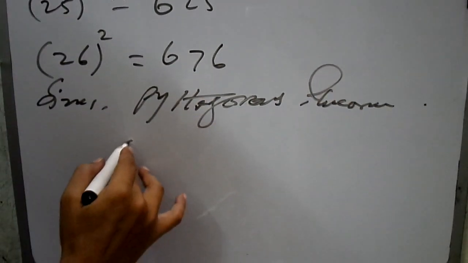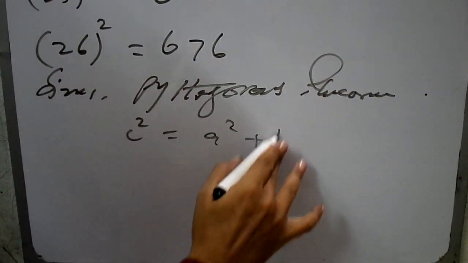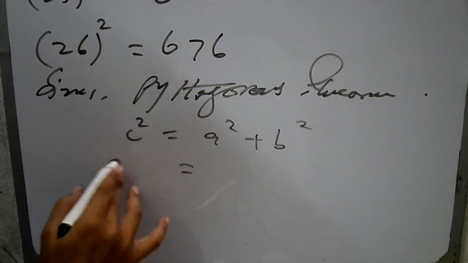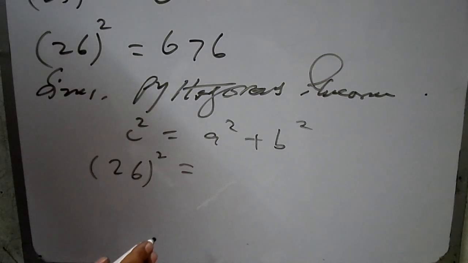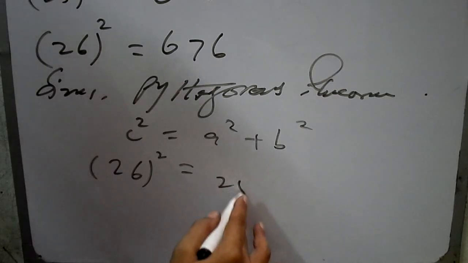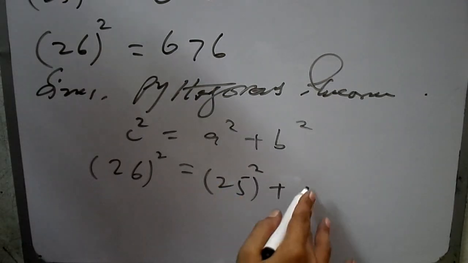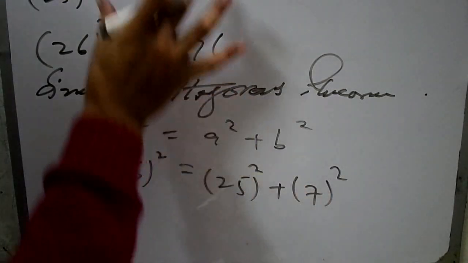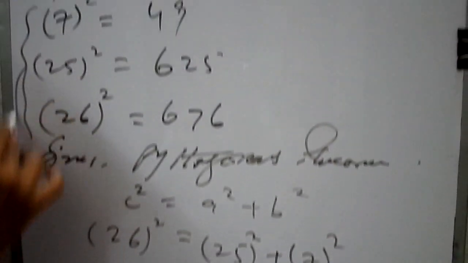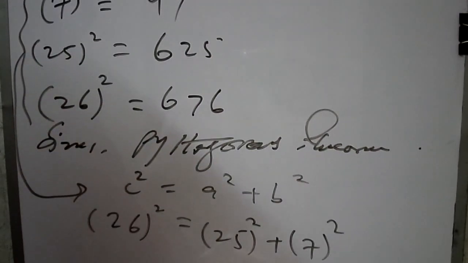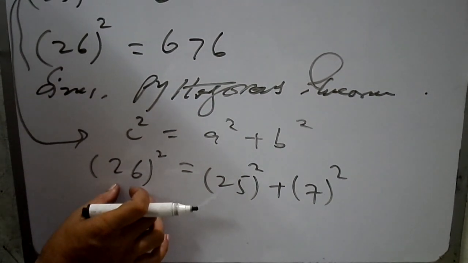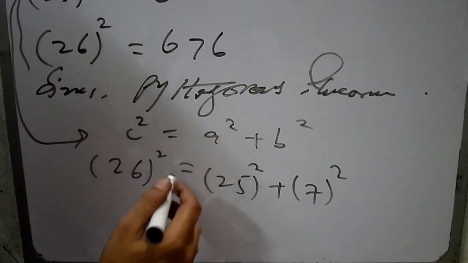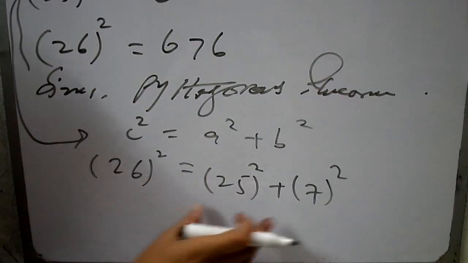c square is equal to a square plus b square. So you have to put the values here and see whether it is satisfied or not. When I calculated, 7 7s are 49 and 25 25s are 625, I add these, and the result shows left hand side is not equal to right hand side.